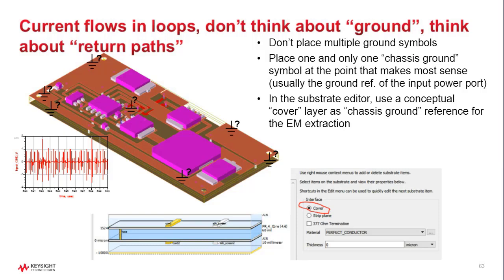And that, on a layout, that's not correct. The potential at each point on the layout is not going to be the same. Even if it's on a ground layer, it's not going to be the same. In addition, if you drop ground symbols all over the place, you could be removing significant amounts of inductance as well.